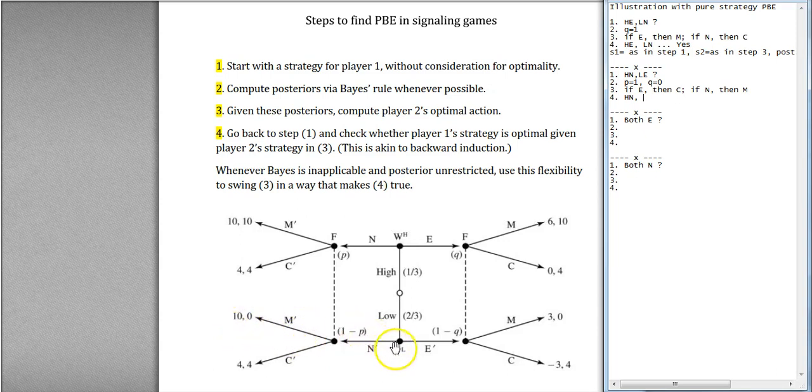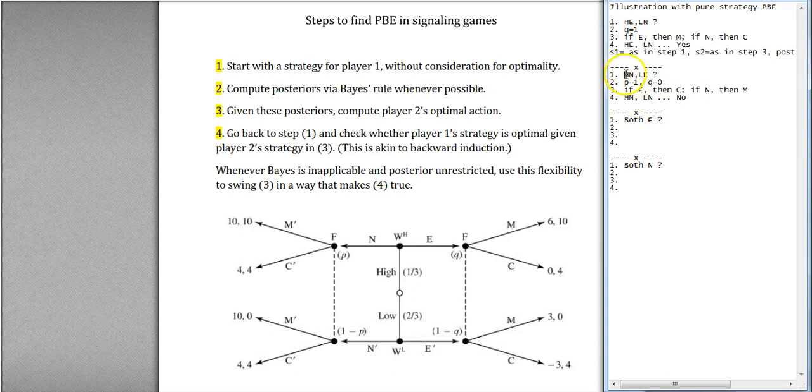So between not getting educated and getting a 10, or getting educated and being made a clerk and getting a -3, clearly not getting educated is better. So for the low ability person, not educated is best. In other words, it's better to imitate the behavior of a type that you're not. And so the answer is no to step 4.